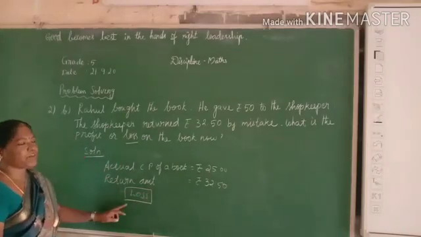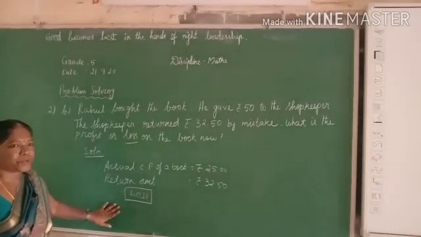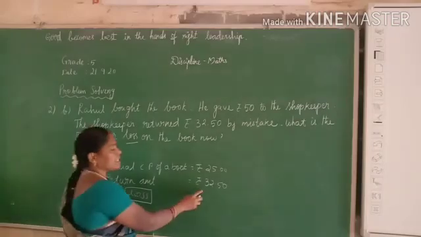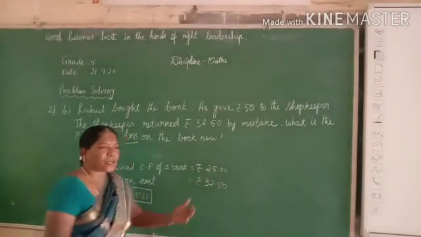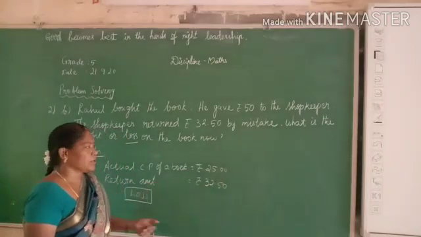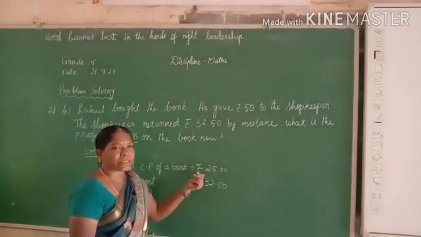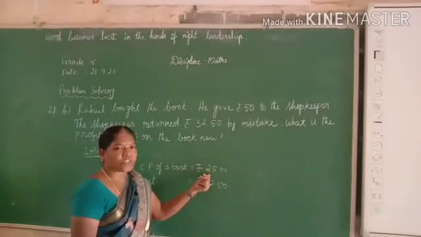So now we have to find out the loss. How to find out the loss? The higher amount, 32 rupees 50 paise, is what the shopkeeper returned to Rahul. The actual cost price of the book is 25 rupees.